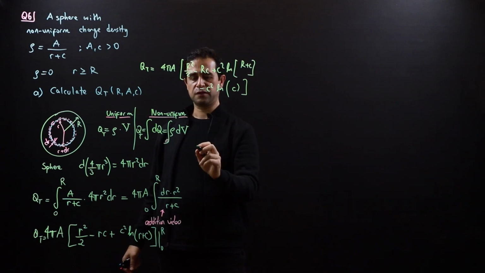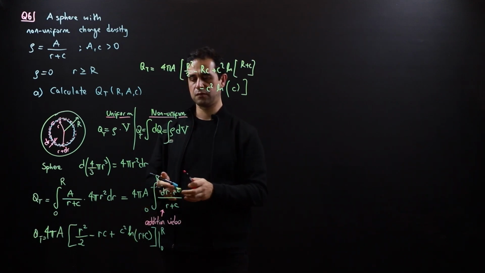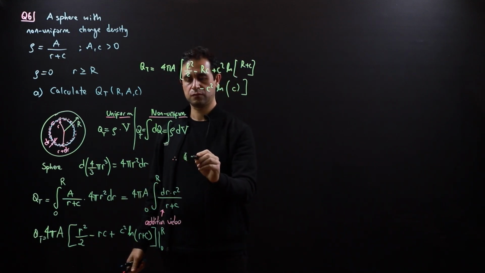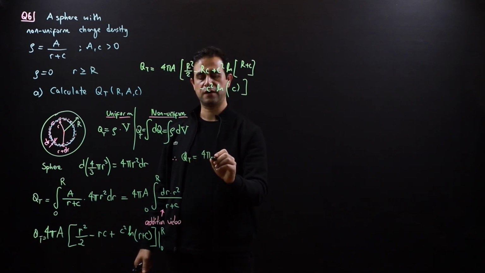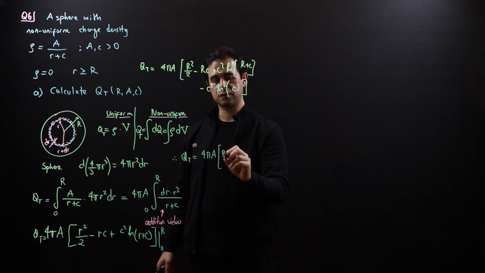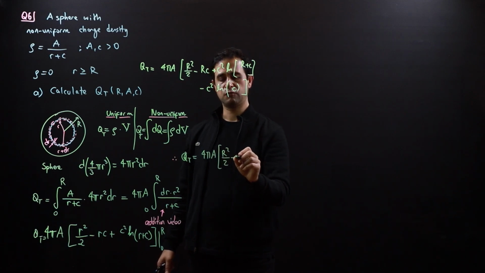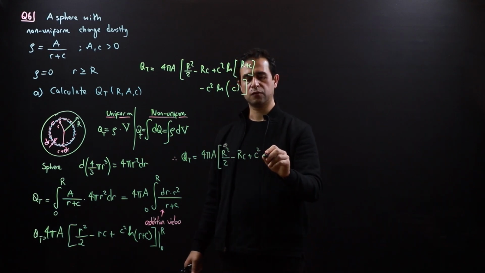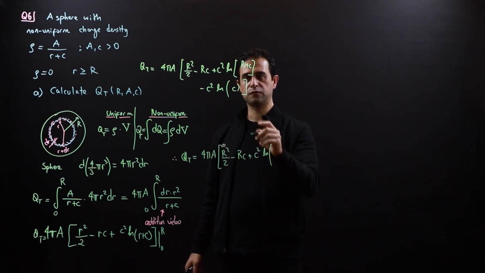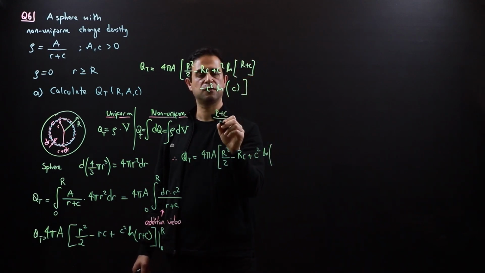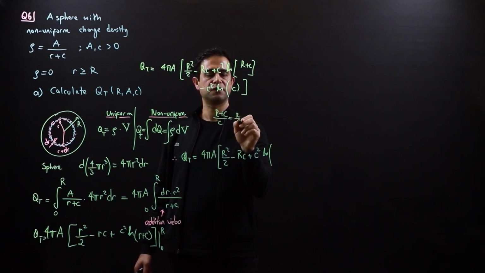So therefore, the final answer, let me write it here. The final thing for Q total is going to be equal to 4 pi A. And here, these terms don't change, so that's R squared divided by 2 minus Rc plus, in parentheses, c squared times the logarithm of R plus c divided by c. That is R over c plus c divided by c, which is R over c plus 1.